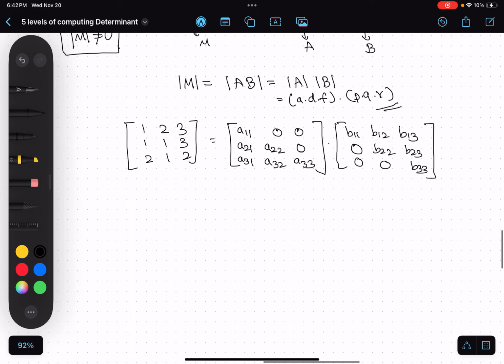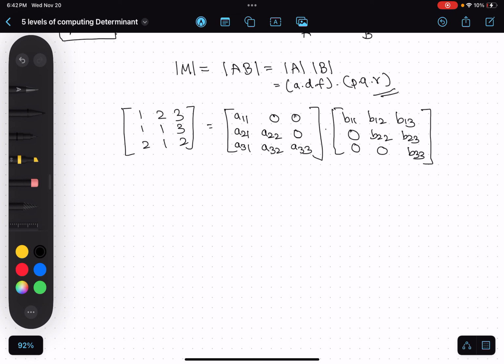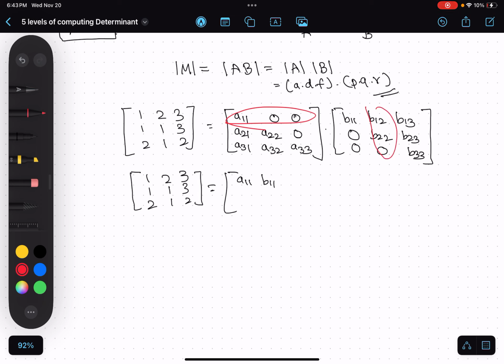Okay, I want to break it like this. Now I'll make a few equations by multiplying these lower triangular and upper triangular matrices, and we'll solve them. If I multiply the first row with the first column, I get A11 B11. First row with second column, A11 B12. First row with third column, A11 B13.